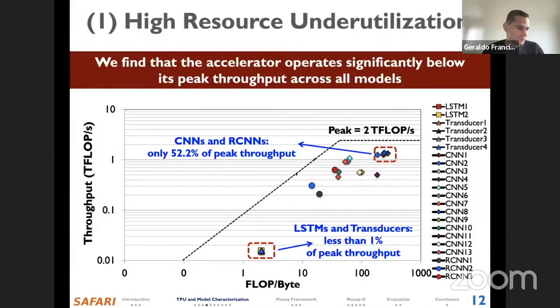And here it seems that you tested, for example, 13 different CNNs. But inside these CNNs, there are different layers as well, right? Yes. And these different layers have different characteristics. So just to clarify, the results in this slide correspond to kind of an average for the whole network, the whole model, I assume.